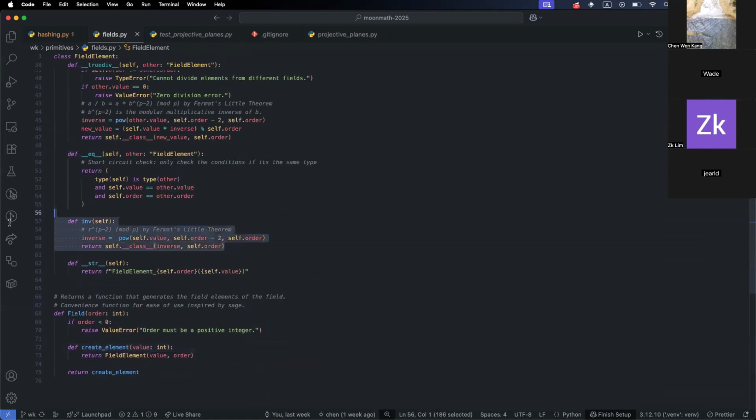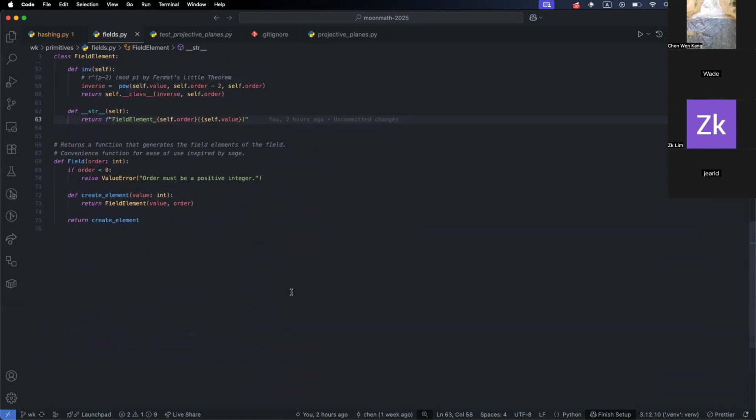There's also inverse, which is again Fermat's Little Theorem. I've also made a convenience function here, so that you can do what you see in the code base itself, where you can, how do I put this, basically it acts like what Sage does, right?